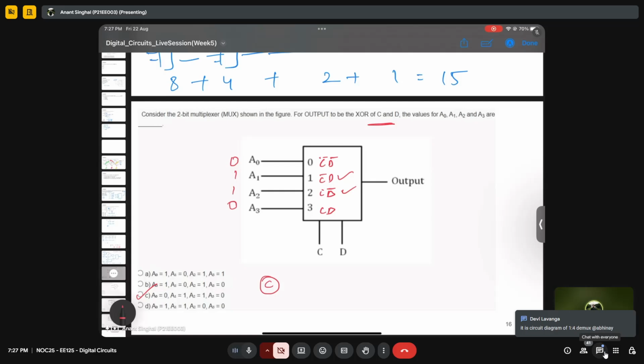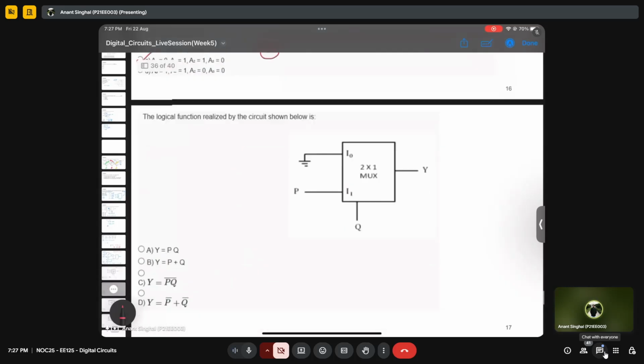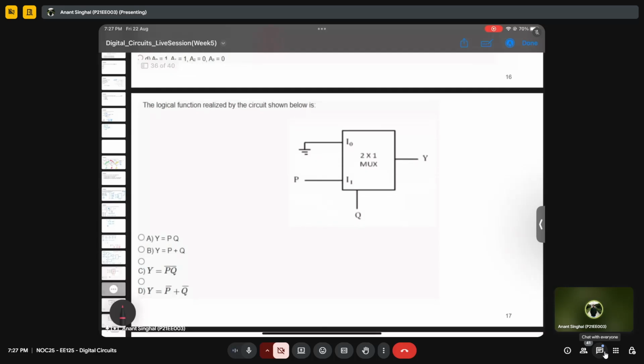No, this is a circuit diagram of a 4 cross 1 mux. Okay, let's move ahead. Now the question says the logical function realized by the circuit shown below is what?